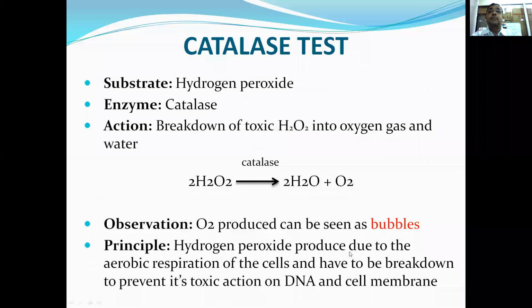The principle behind this is the catalase enzyme. The catalase enzyme is generally produced by many bacteria which perform aerobic respiration. Hydrogen peroxide is a toxic byproduct of aerobic respiration, and if it is not removed from the bacteria, it may lead to alteration of DNA, or sometimes cause the death of the bacteria.